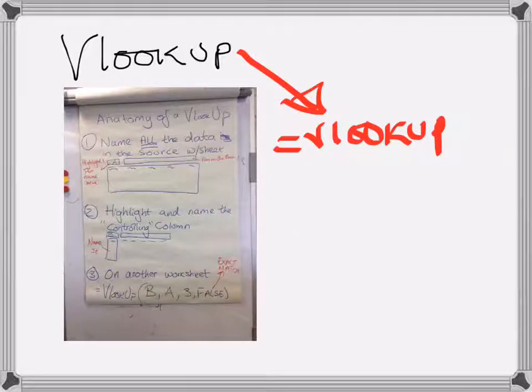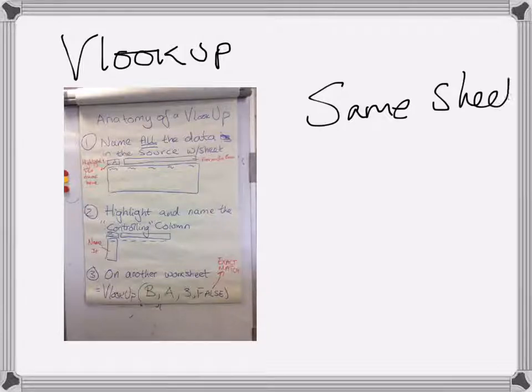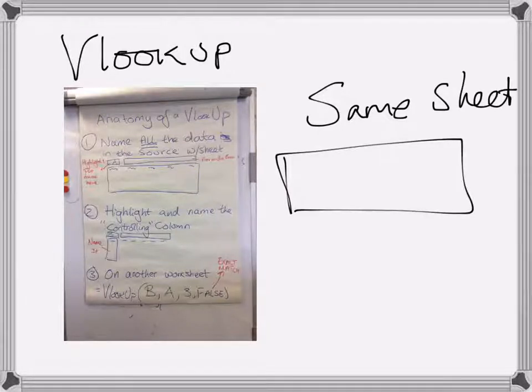So you've seen the video for the VLOOKUP, but just hang on to this. I've sent you a picture. Just go over it again and again. You could have VLOOKUP in more than one place. You can have a VLOOKUP on the same sheet, so you might have a big table here.